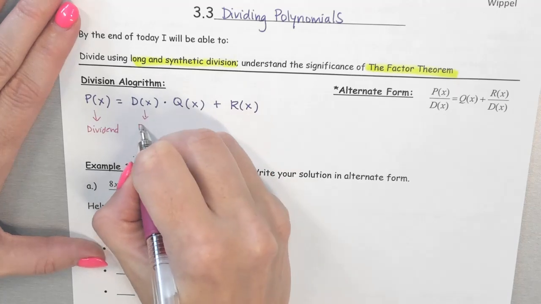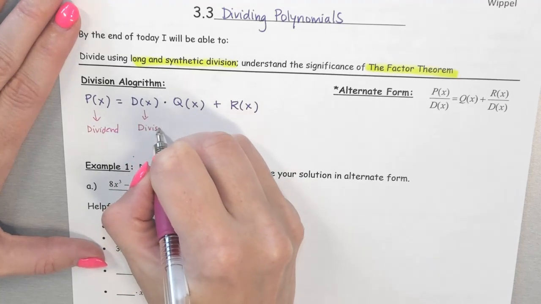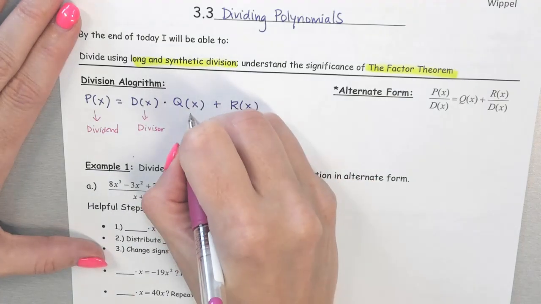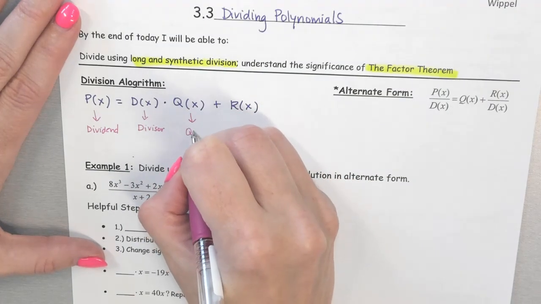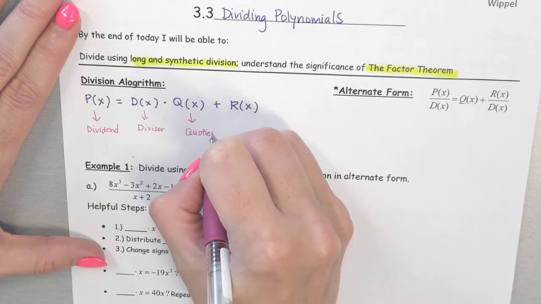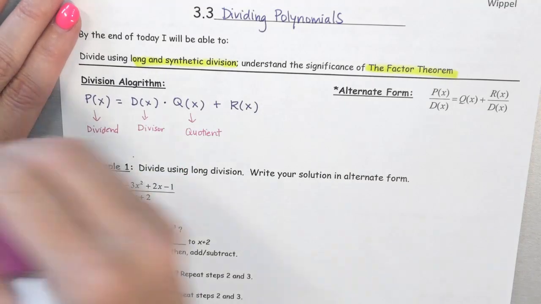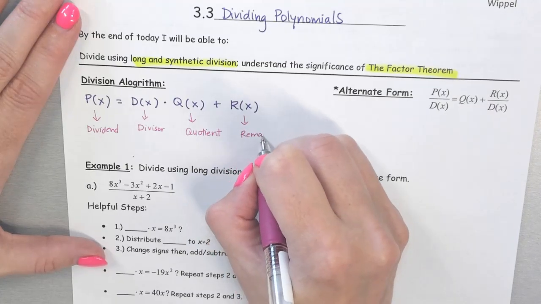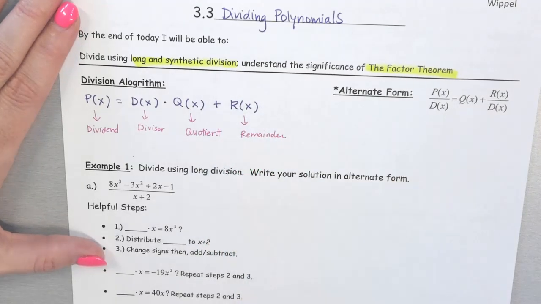D of x is the divisor. Okay, that's going to go on the outside. Q of x is your quotient, which is what you get when you divide. And then R of x is the remainder.